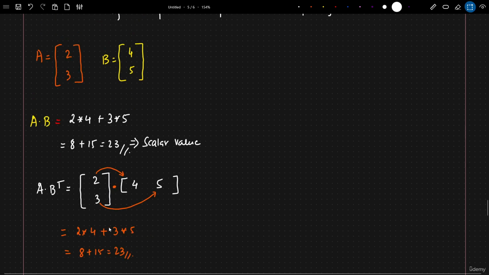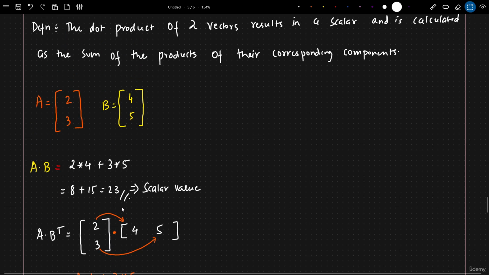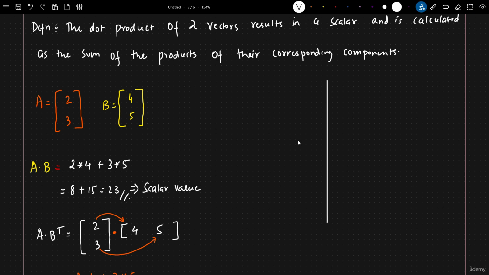So guys, now here you could see that we found out the dot product of A and B, but it is always important that we try to visualize this in the coordinate system and how this entire dot product specifically happens. Okay, so here I'm going to create a coordinate system with respect to x and y coordinates. So this will be my x coordinate, this will be my y coordinate.